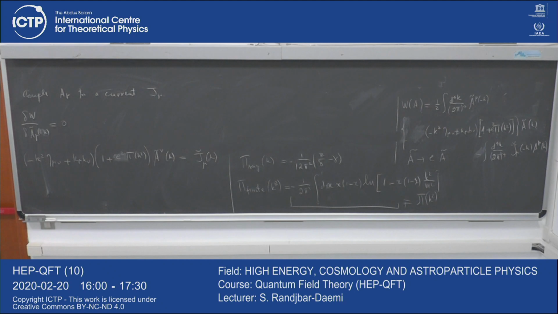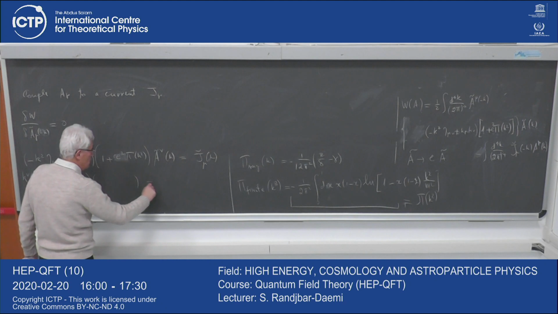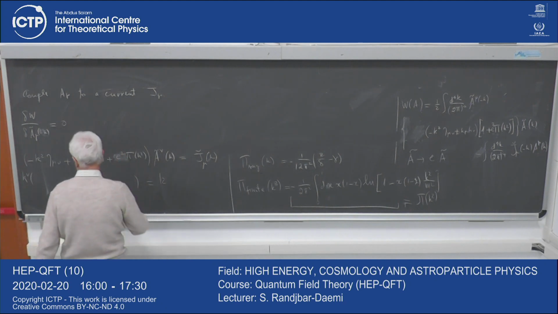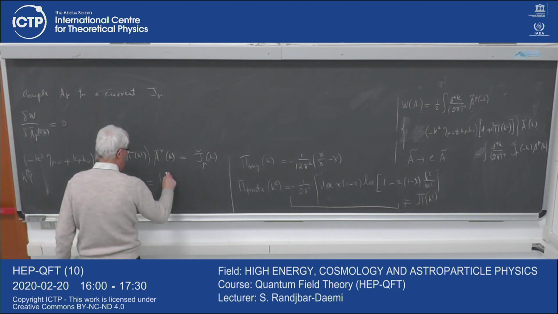This equation, like Maxwell's equation, immediately tells you that the source should be conserved, because if you multiply by k nu, this will be k mu.